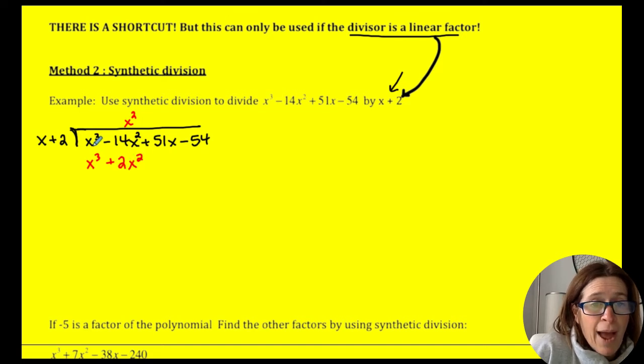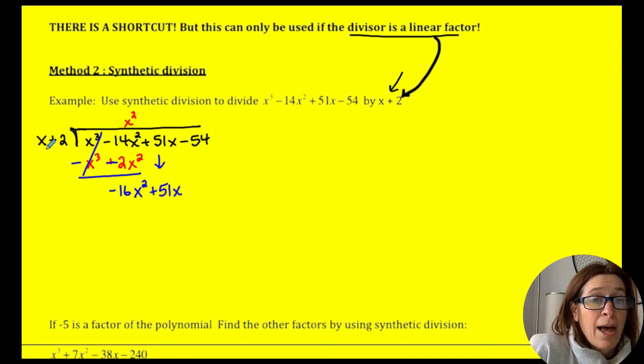Then I'm going to subtract, so that's going to make this minus and this minus, giving negative 16x squared. I'm going to bring down the 51x. I divide x into negative 16x squared, which gives me negative 16x, and line it up over the x.